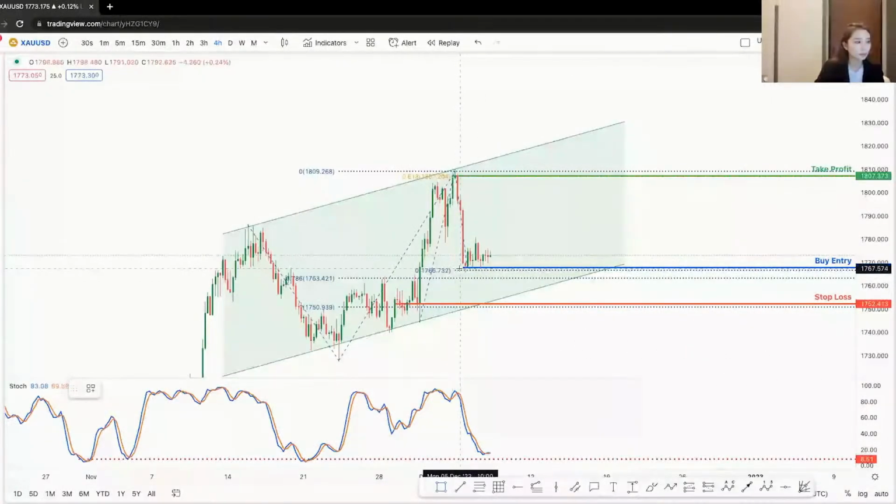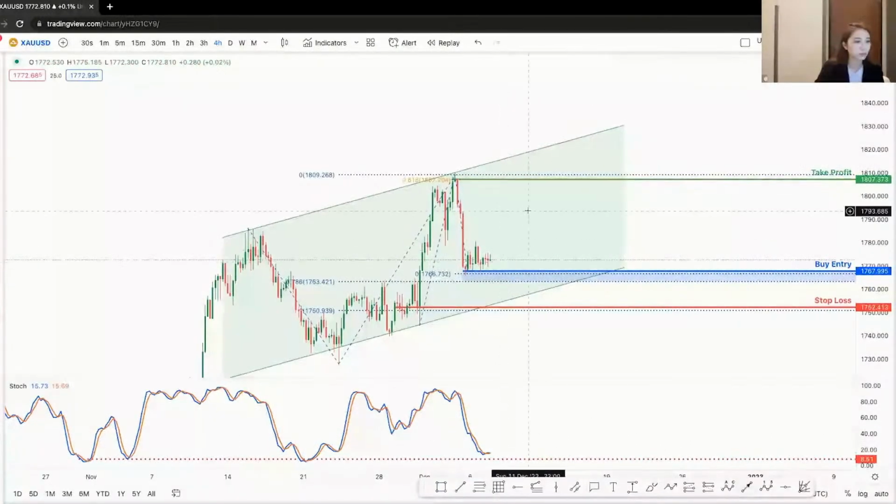Our 78.6 Fibonacci projection is also nicely in line with our buy entry. You could keep your stop loss higher if you want to.